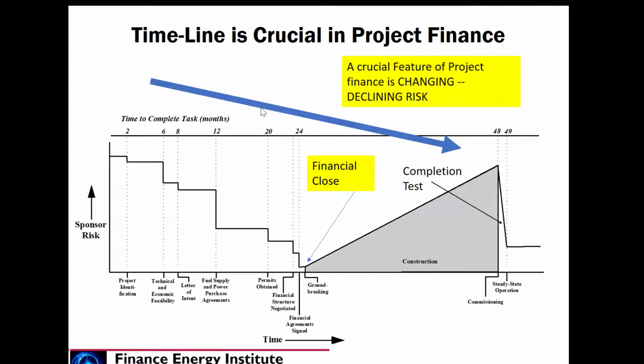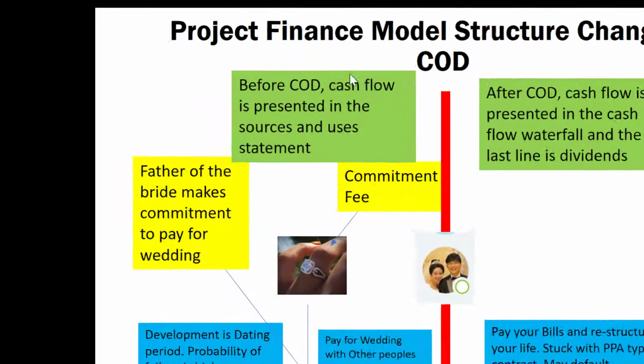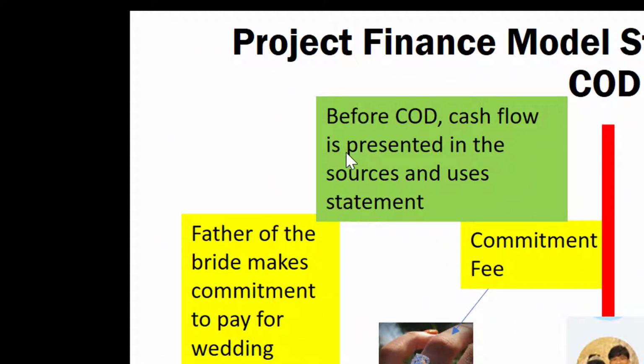The other thing about a project is there is such a fundamental difference in financing and accounting and debt kind of tabulations before the COD compared to after the COD. Before the COD, we have a cash flow statement we call a sources and uses statement. We don't have any money. We got to get the money from somewhere.